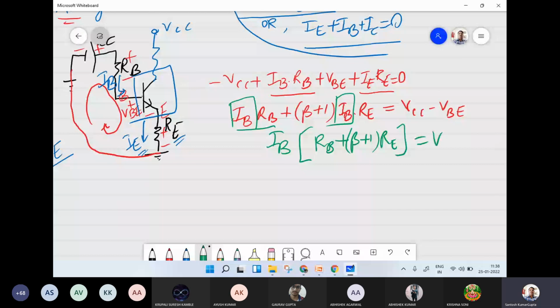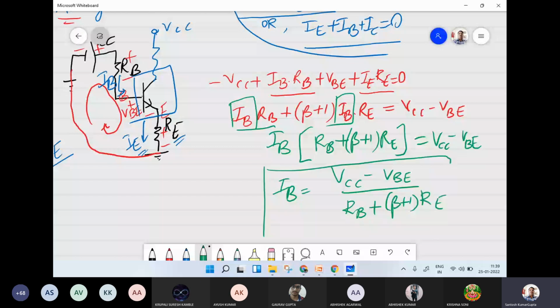Now we have IB equal to VCC minus VBE divided by RB plus beta plus 1 times RE. So we get the value of the current IB from the input circuitry in terms of known values: VCC, VBE, RB, the beta factor, and RE.